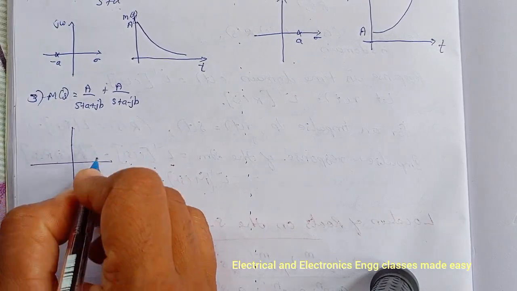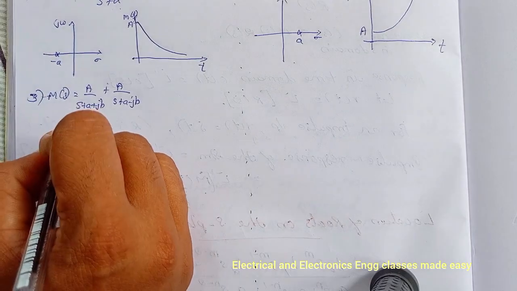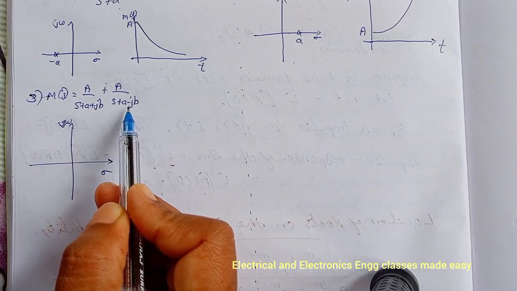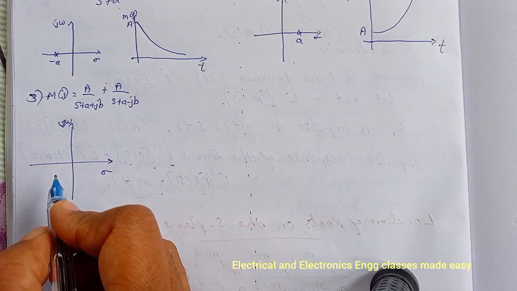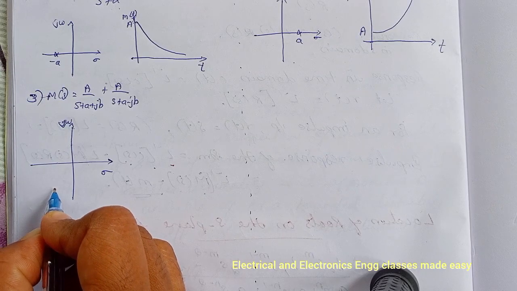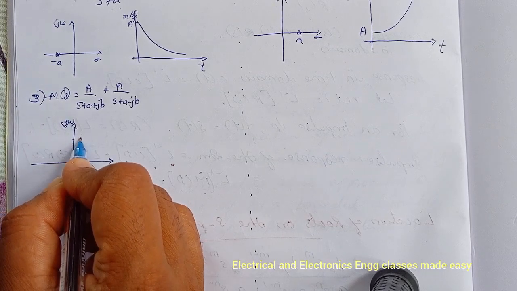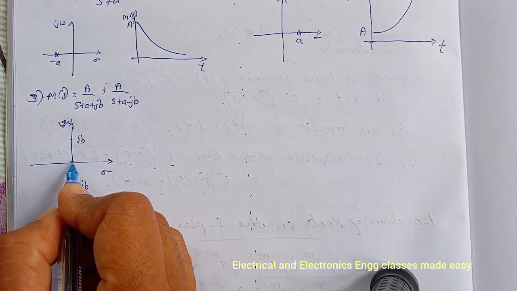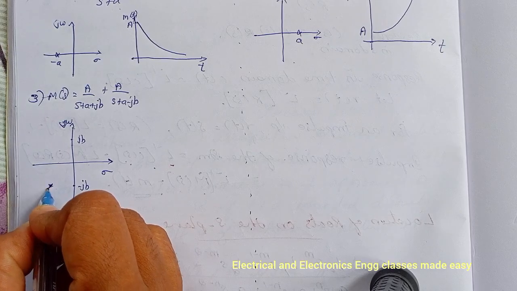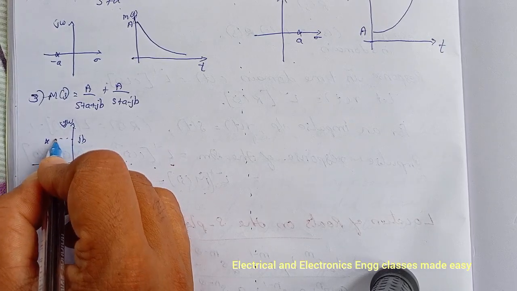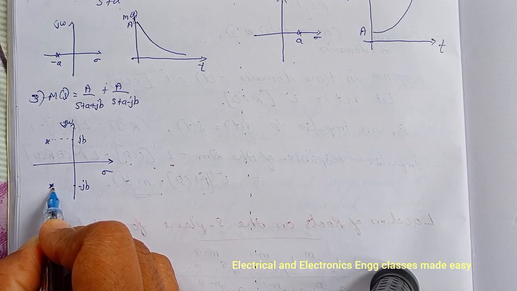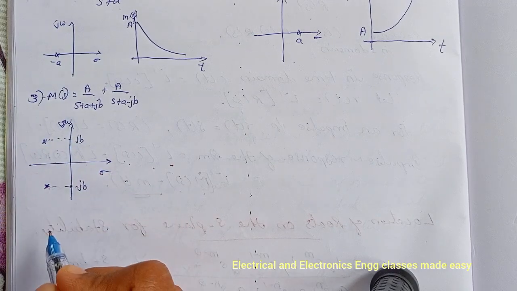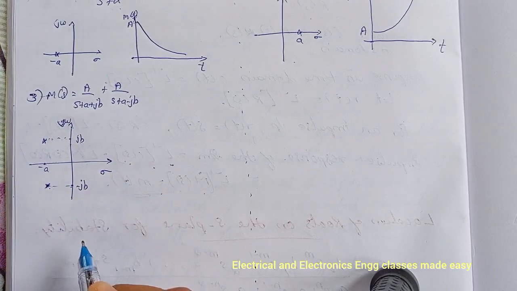This is sigma, j omega. One root is minus a minus jb, and the other is minus a plus jb. So one is here and the other is here. This is minus a.